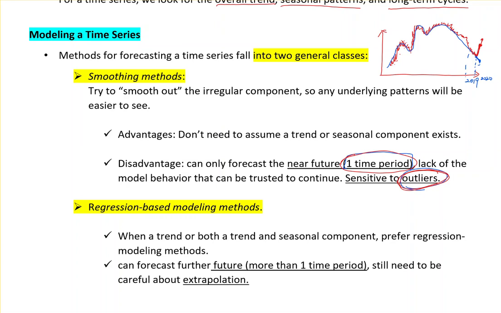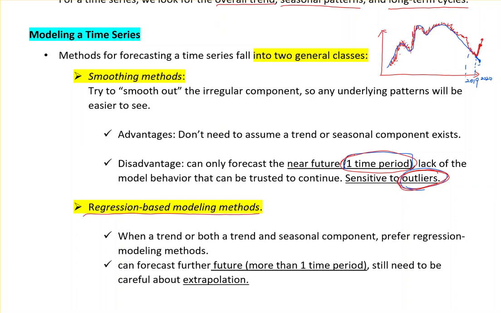Okay, so this is about the smoothing method, and then we have another class of methods for modeling a time series or making predictions about the future. We call it the regression based modeling method. This method will be very close to whatever we learned before exam 2.